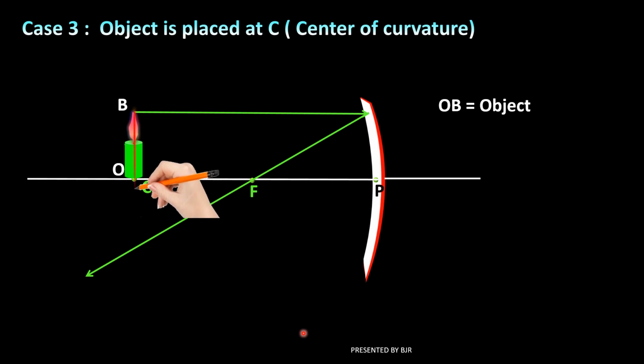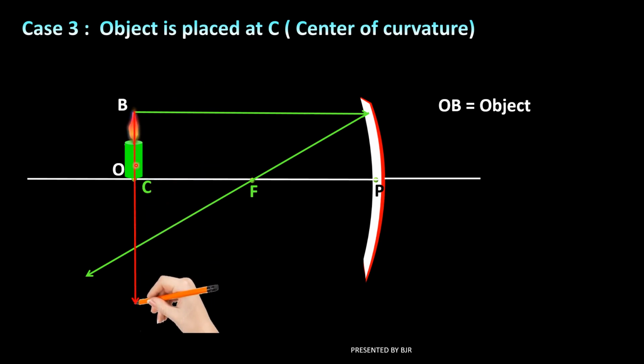See here, this is the second reflected ray I am drawing directly. And these two reflected rays are crossing one another at this point. So the image will be formed here like this. This is the ray 2 and here the image has been formed.